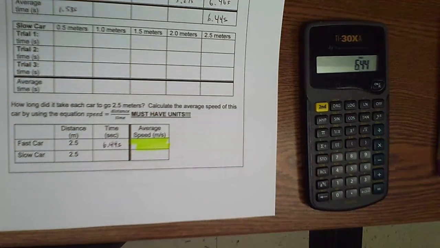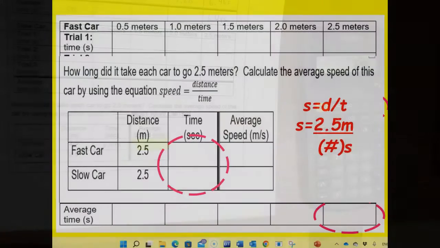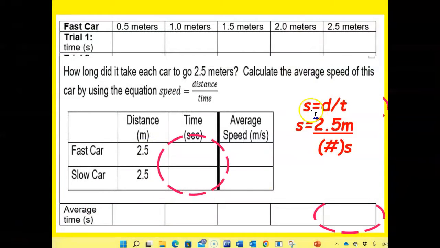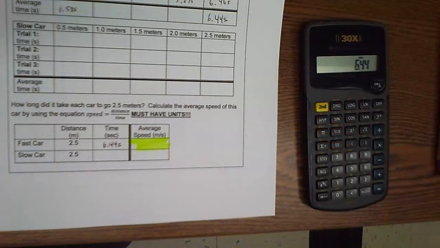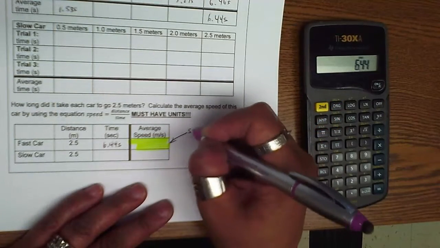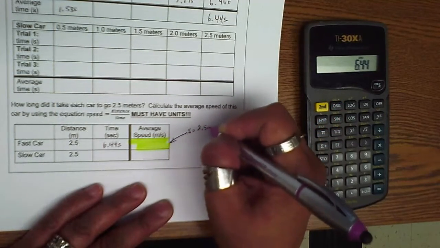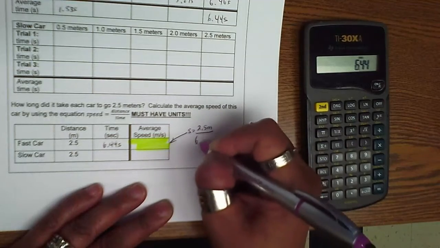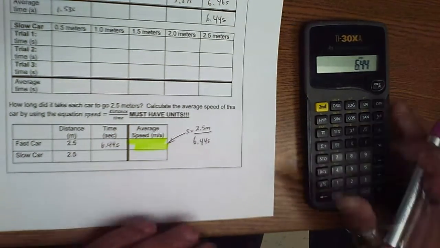Okay, so again, looking over here, speed is equal to distance over time. So the distance is 2.5 meters divided by my time. So to solve for this, its speed is 2.5 meters divided by 6.44 seconds.